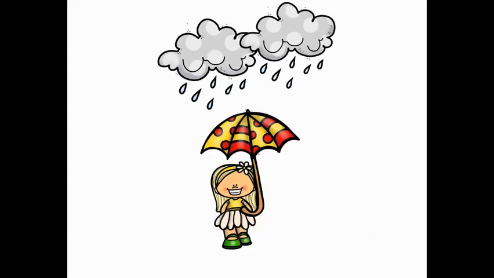Looks like our weather is the same in this picture. What's the weather like in this picture? It is raining. Very good. And I see a little girl. She's carrying something that keeps her dry in the rain. What is she carrying? You're right.